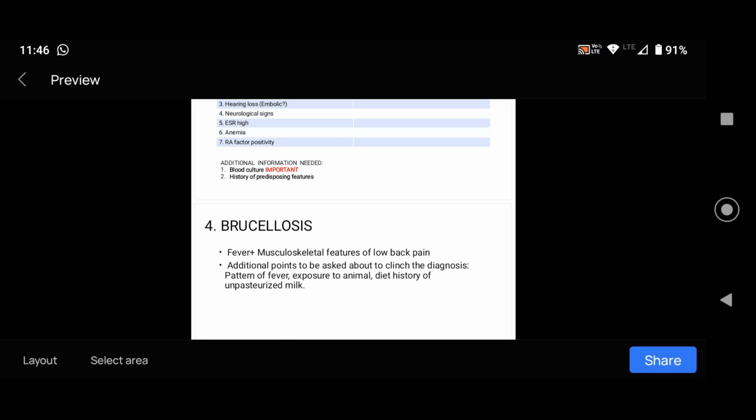The endocarditis that happens in patients with native valves is usually acute endocarditis, usually staph, and they present with very toxic features. For somebody to present with subacute infective endocarditis on a native valve is a very remote possibility.